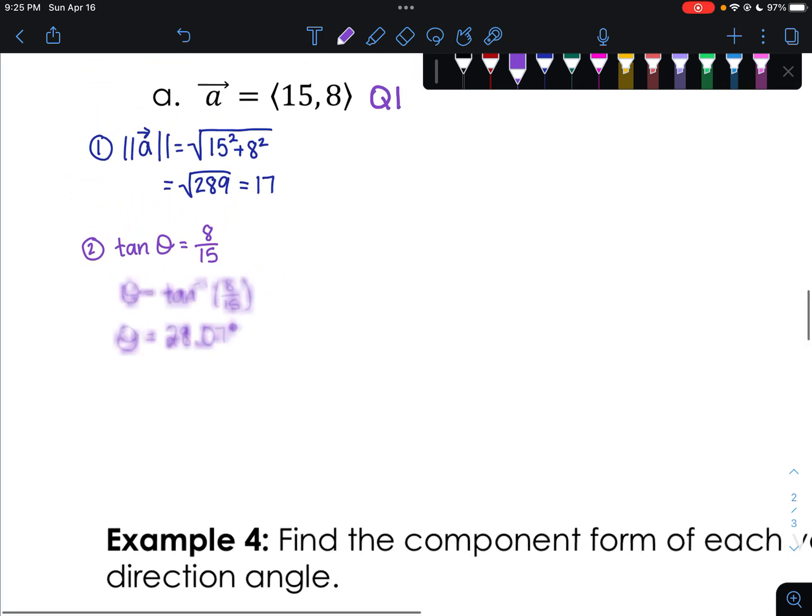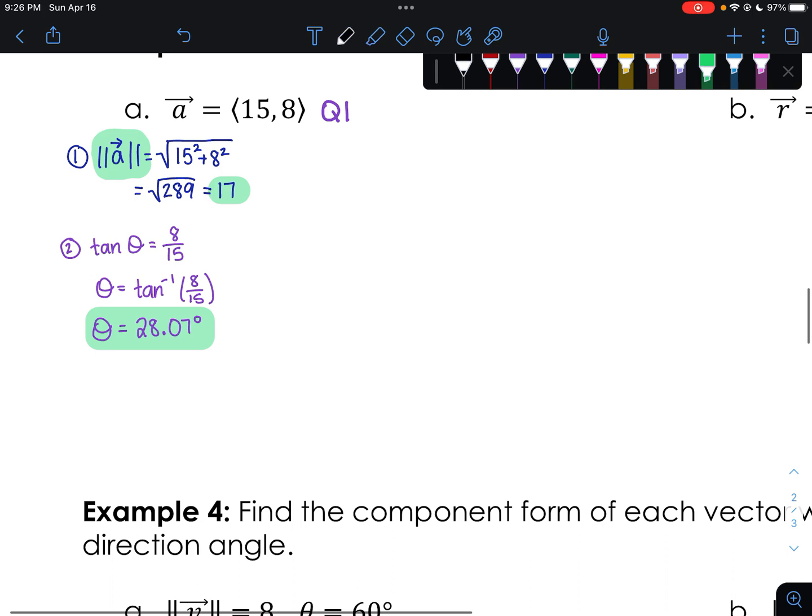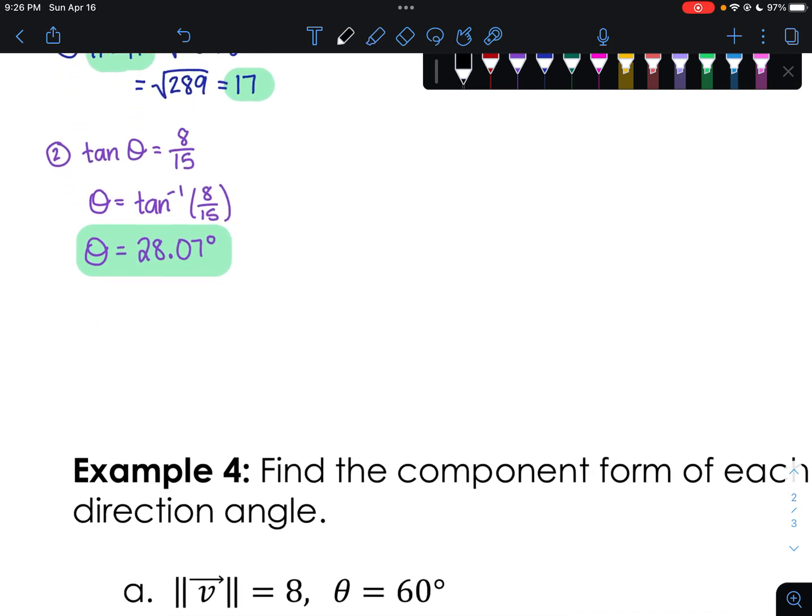Okay, so what we just found is the magnitude and the direction angle. Now that we know this, we can write this into trig form.